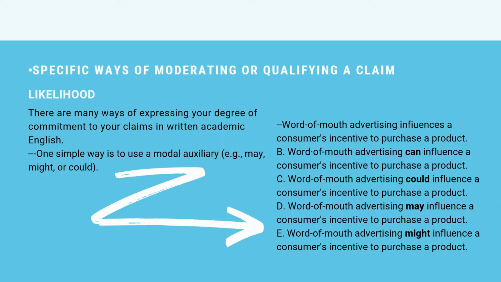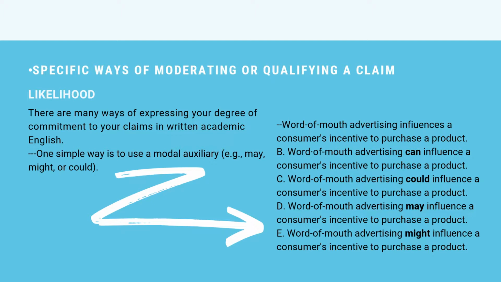Specific ways of moderating or qualifying a claim. Likelihood. There are many ways of expressing your degree of commitment to your claims in writing academic English. One simple way is to use modal auxiliary verbs like may, might, or could.